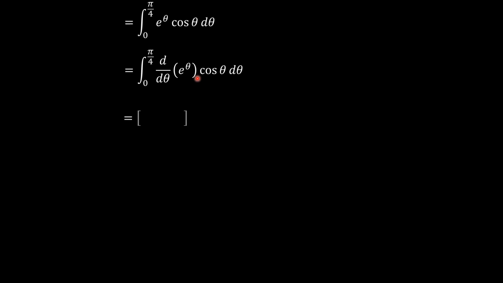In that instance, our u is going to be e to the theta, our v is cosine theta, so uv is e to the theta cosine theta with the limits applied appropriately, minus the integral of u, which is e to the theta, times the derivative of v, which is the derivative of cosine theta.